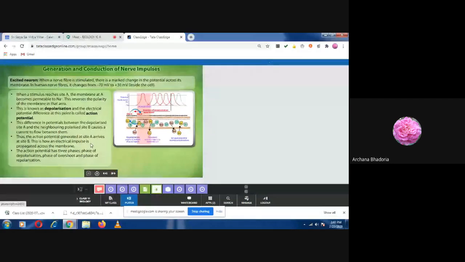Now that current is flowing, you will find site B will also get depolarized. Site B was polarized, just as site A was earlier in the polarized state, and as it received the stimulus it got depolarized.